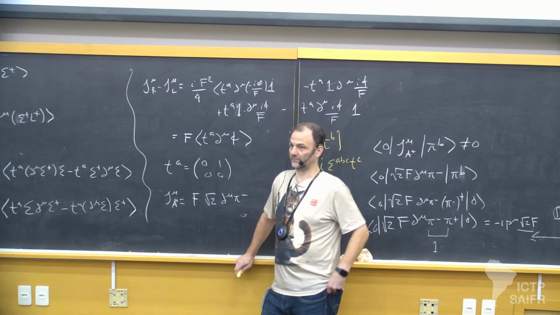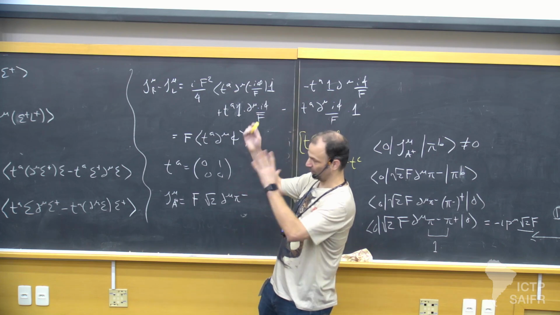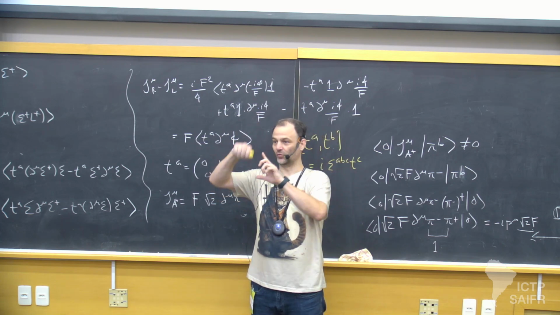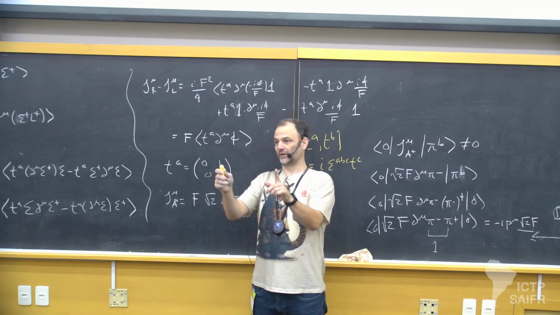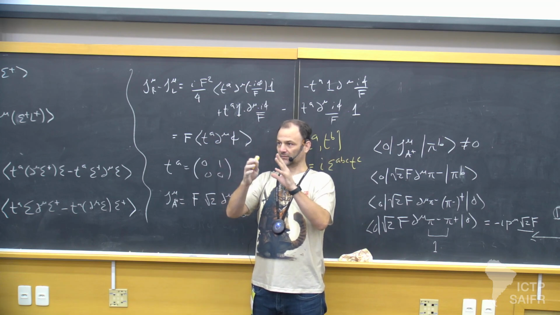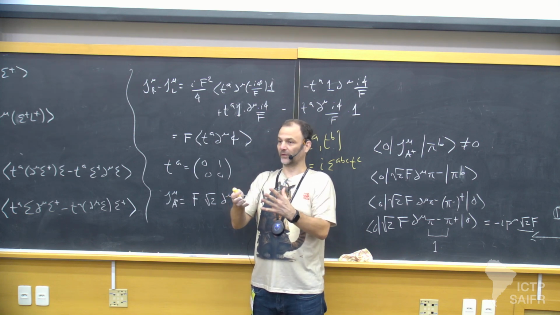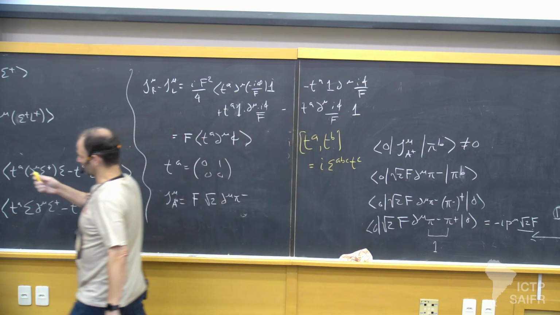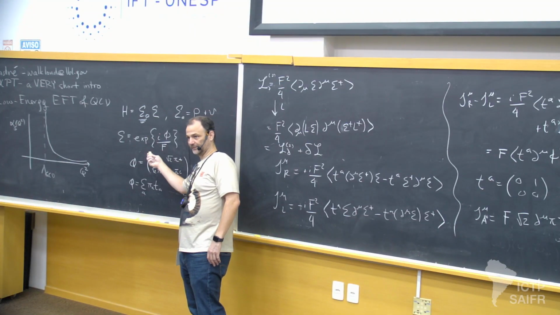If we included the U(1), remember in the beginning I said I'm going to ignore the U(1) part of this U left-right. So if you included the U(1), let's say the axial U(1) transformation was a real full symmetry, then this matrix would also include a term proportional to the identity.